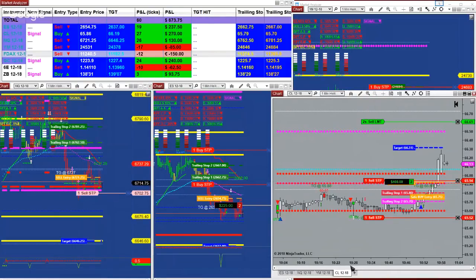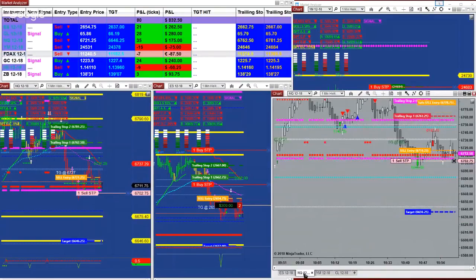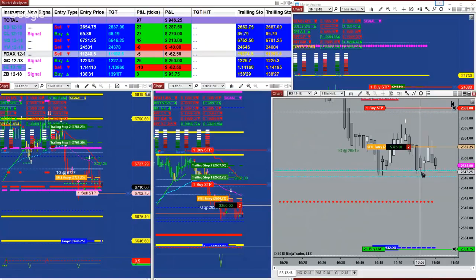The CL is right on the target, pullback. We'll see what will happen. YM, NASDAQ, we're still on that. Everything is hanging on that ES. The whole market, the YM, NASDAQ, we are just waiting on that ES.